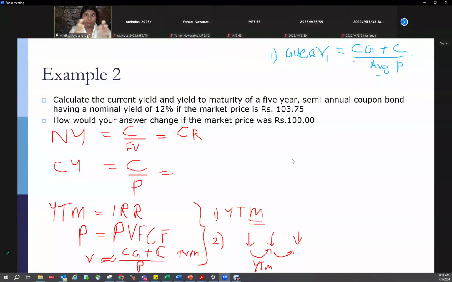And using this, because bonds have very long holding periods, right? You use this R1 to figure out P1, the price based on R1, and you check whether P1 is equal to the result that you're looking for. Most often it will not be, in which case you have to make a second guess, right?